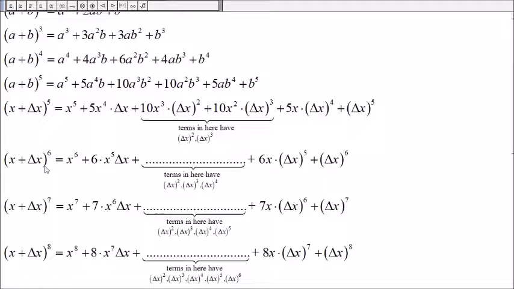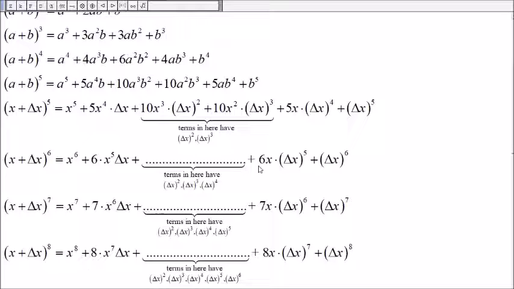And then if we want to expand x plus delta x to the sixth, we can expand the first two terms and then the last two terms, and then we can make comments about the terms in between. So this will be x to the sixth, and then times 6, and then 6 minus 1, and then times delta x to the first. That's the first two terms.